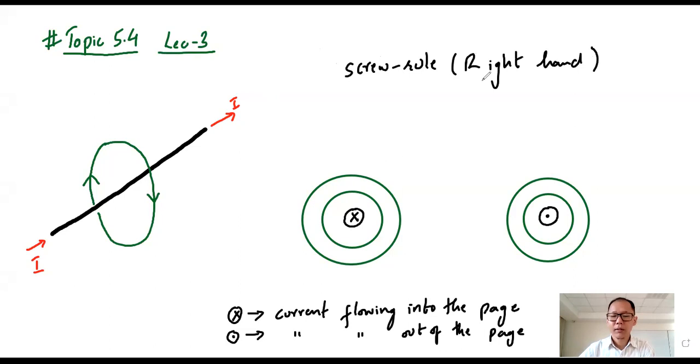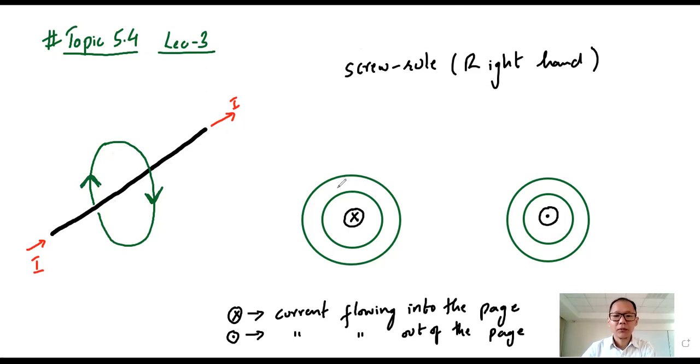The rule basically says that if you consider your thumb as the direction of the current, the curl of your finger represents the directions of the magnetic field. So that's what we said. And hence the direction of the magnetic field is shown clockwise here.